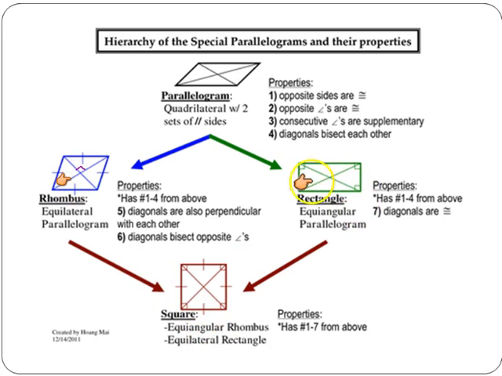Now, a rectangle, something we're also familiar with, has all the properties of a parallelogram, but in addition, the diagonals are going to be congruent. So that's a little bit different. Now squares have all the properties of everything above it. It's got all the properties of rhombuses, all the properties of rectangles, and that's what makes it a square.